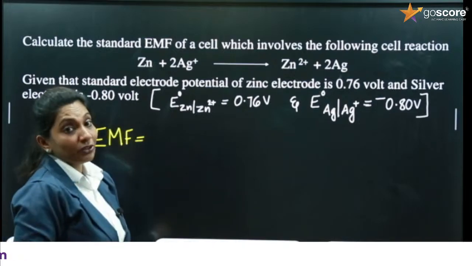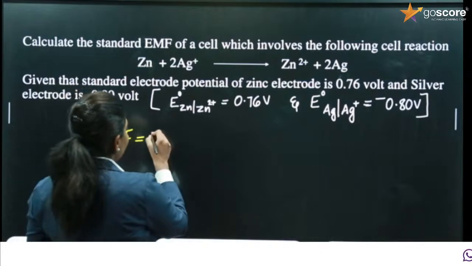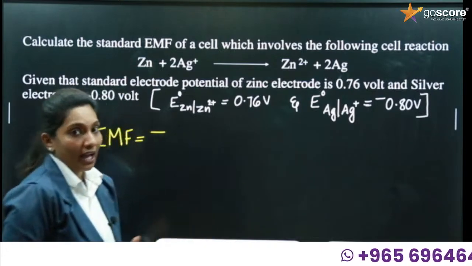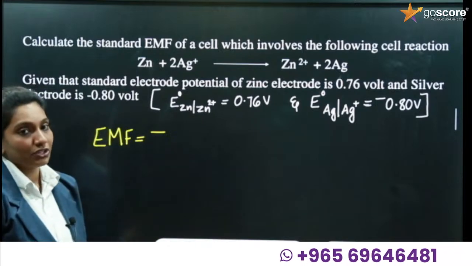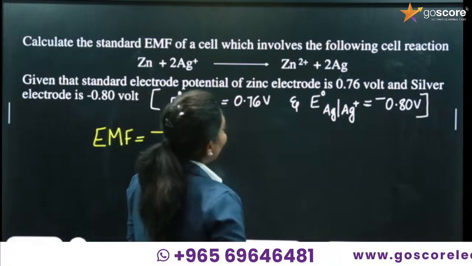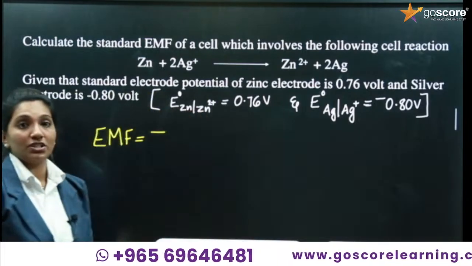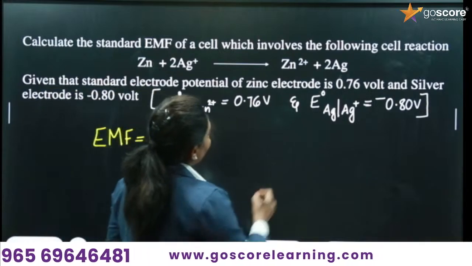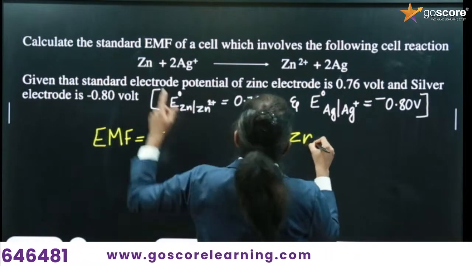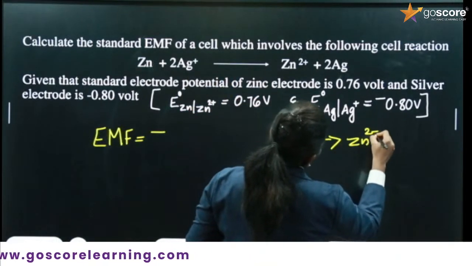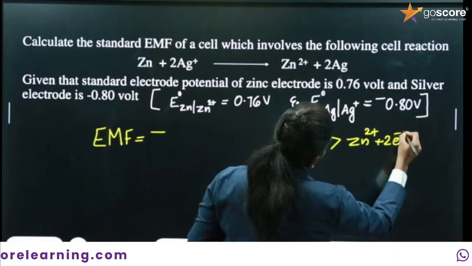The EMF is equal to negative of the reduction potential of the anode plus reduction potential of the cathode, right? Here we have been provided with the oxidation potential value. So which one will act as the cathode and which one will act as the anode? See, zinc is converting into Zn2+ plus 2 electrons.